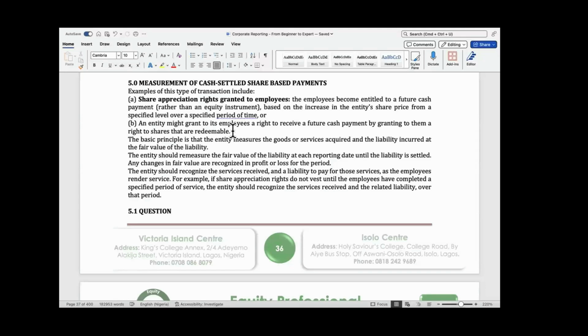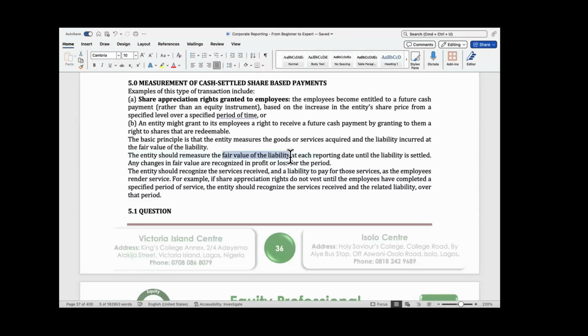Because it is a liability, this is the only area of difference. Please note, the entity would remeasure the fair value of the liability at each reporting date. And since they are remeasuring the fair value of the liability, that means for cash settled, we are not going to use the fair value of the option at the grant date like we did in equity settled.